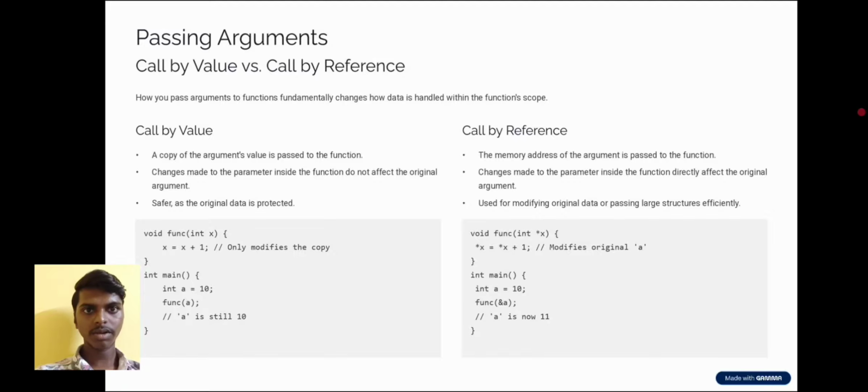Syntax: void function(int x) { x = x + 1; } int main() { int a = 10; function(a); } a is still 10. Call by reference. The memory address of the argument is passed to the function.